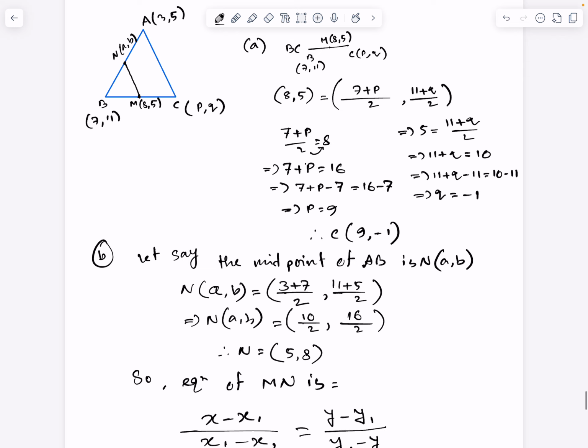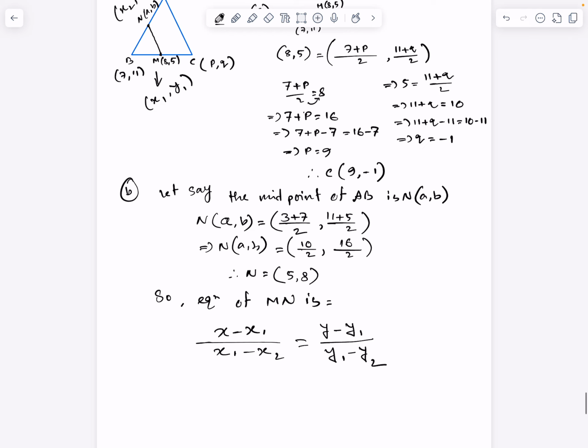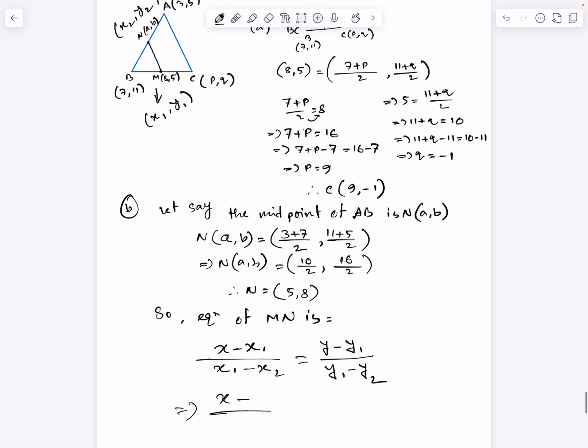We have 2 points. So let's say M is x1, y1, and N is x2, y2. So we have our points. x minus x1. Which one is x1? We say M is our x1. So the point M is x1, y1. So x1 is 8, so we can write 8 here.